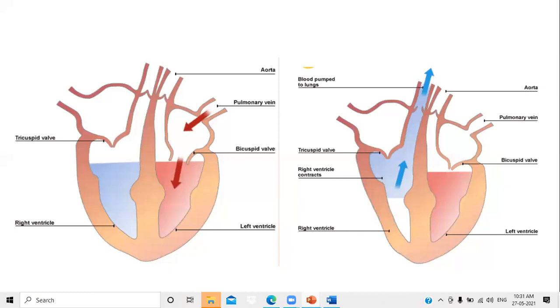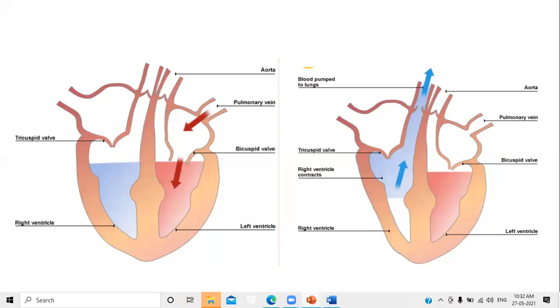Okay, so again, the deoxygenated blood will get from the vena cava into the right atrium, from the right atrium into the right ventricle, and from the right ventricle it will shoot out of the heart through the pulmonary artery.